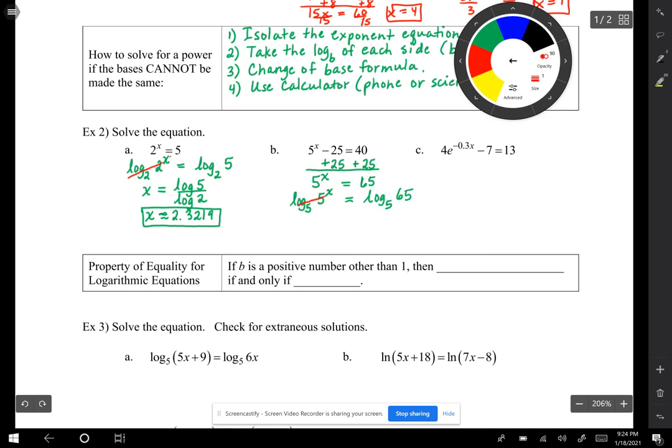That all cancels out, and you're left with just x. And on the right side, change of base, so you do log 65 divided by log 5. Then you do all that in your calculator, and x is about 2.5937.